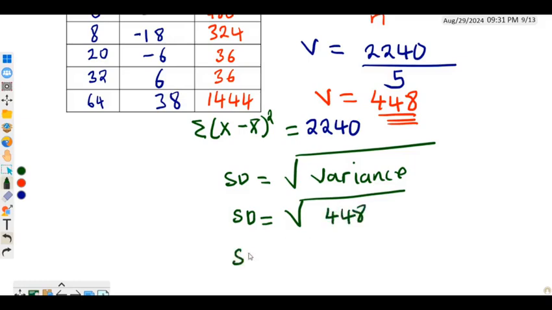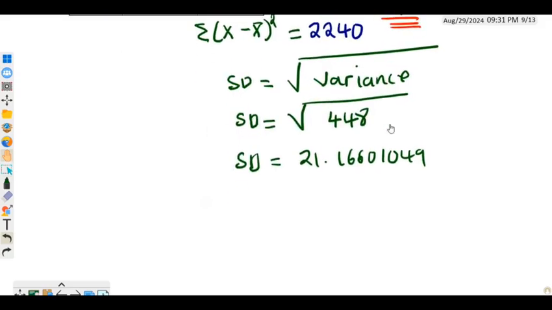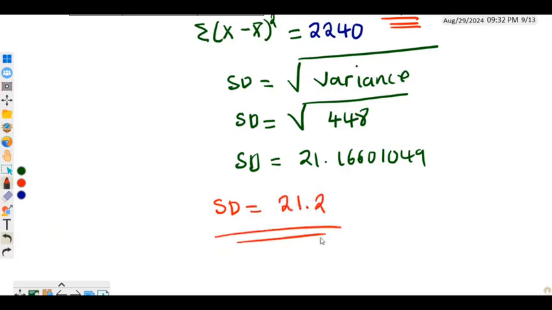So we find the square root of 448, which is 21.16601049. So our final answer, we can leave it correct to three significant figures. Standard deviation is equal to 21.2. Okay, this is our answer.